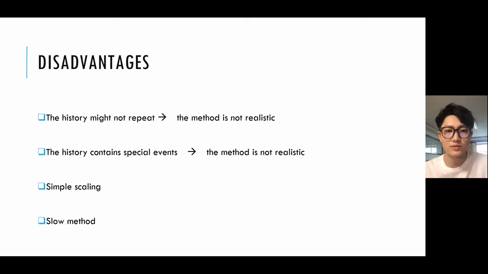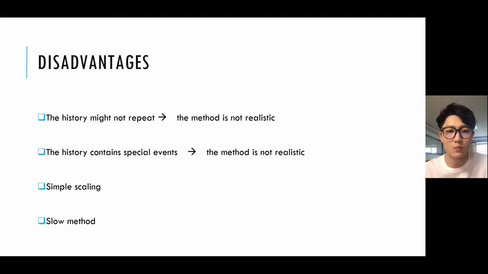Okay, going on to the disadvantages. First, we assume the historical data will repeat, which is not realistic. Next, the historical data may contain special events, for example, a financial crisis, which makes the method not realistic.